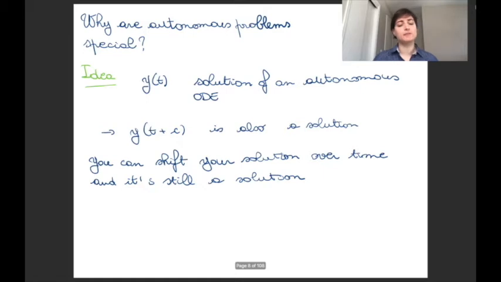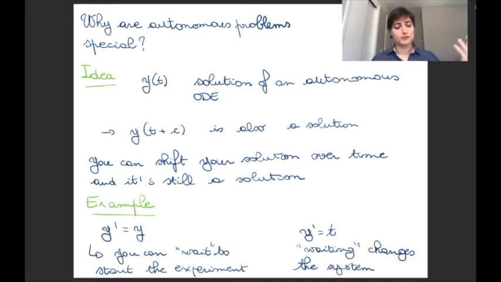What does that mean? The idea is that you can shift the solution over time, and it's still a solution of the same ODE. Obviously, the initial conditions are changing, but if we're not fixing the initial conditions, a time shift doesn't change the solution. If y is a solution, shifting it over time will retrieve another solution.